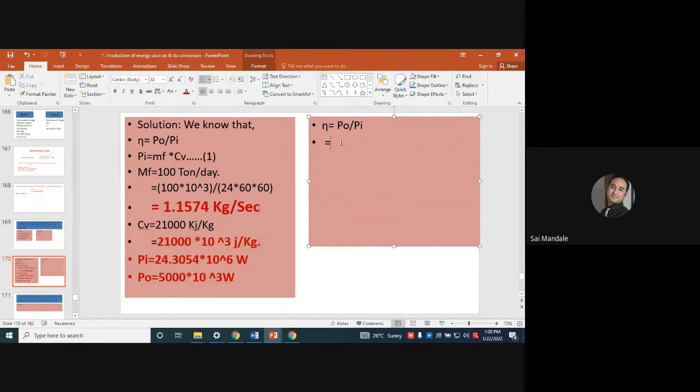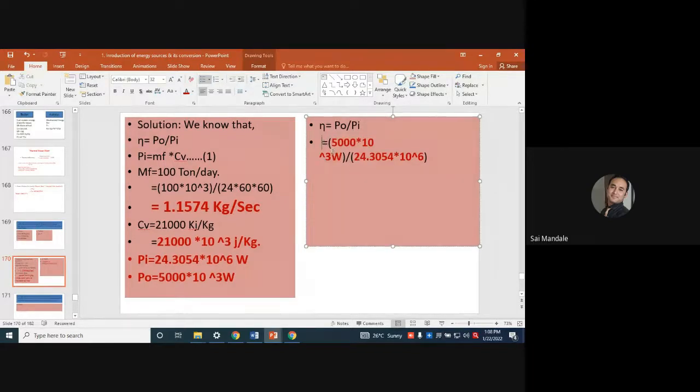Everybody, power output divided by power input. Each one of you has to tell me the answer.